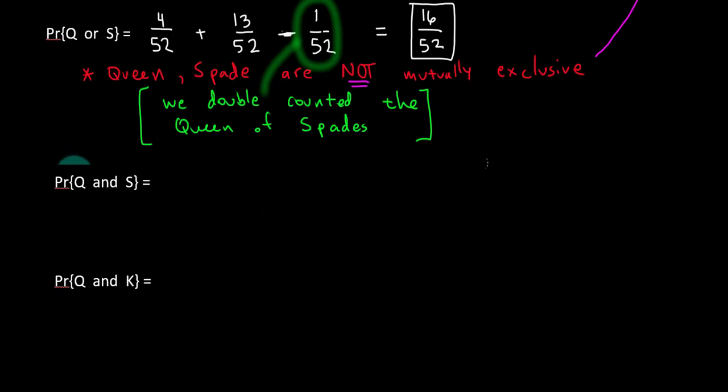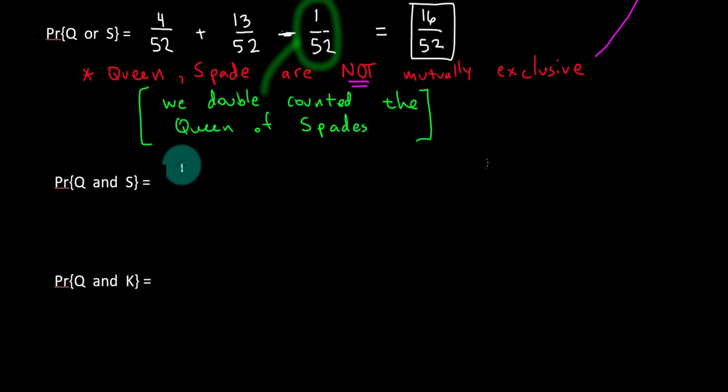Let's look at the probability of selecting a queen and a spade. Now think about the word and versus the word or. Basically, this is saying that one card needs to have both of these qualities. That is referring to the queen of spades, isn't it?